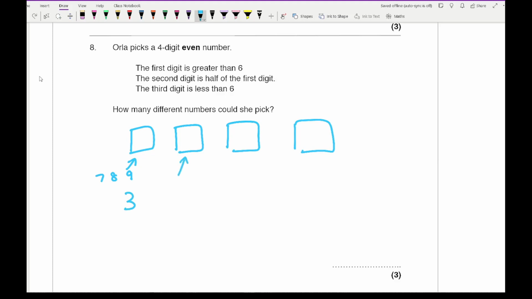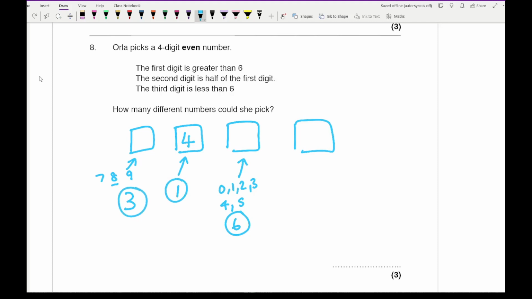Of the 3 possible numbers, 8 is the only one that's an even number. So this must be a 4, because if it was a 7 or a 9, it's going to be a decimal number, which we can't have. It says that the third digit is less than 6, and numbers that are less than 6 are 0, 1, 2, 3, 4, and 5. So there are 6 numbers to choose from.